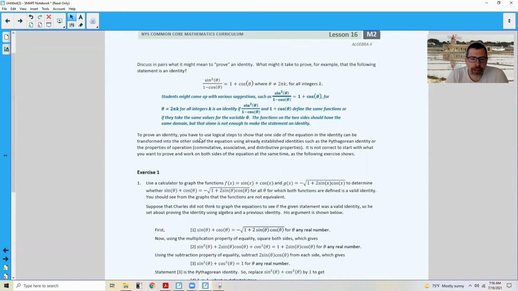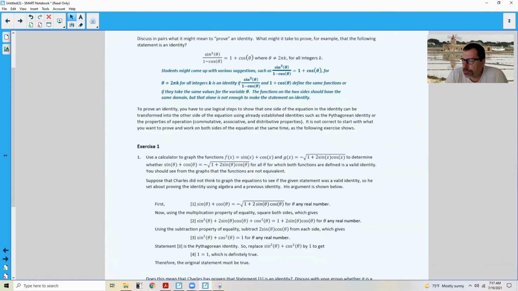To prove an identity, you have to use logical steps to show that one side of the equation can be transformed into the other side using already established identities such as the Pythagorean identity or the properties of operation: commutative, associative, and distributive properties. It is not correct to start with what you want to prove and work on both sides of the equation at the same time, as the following exercise shows.